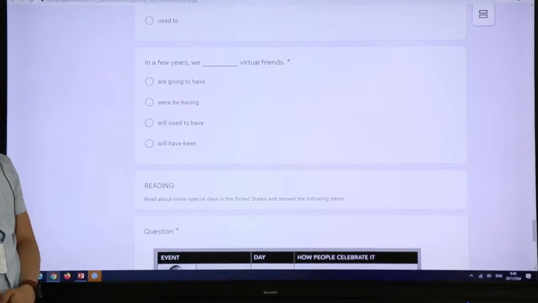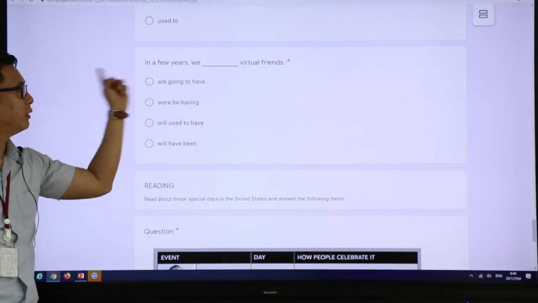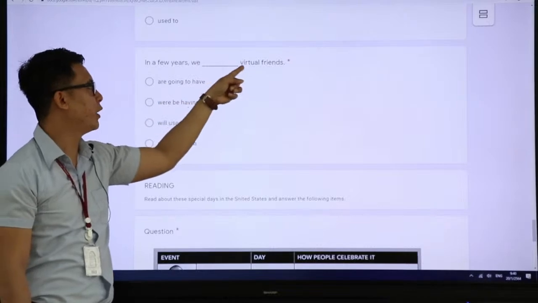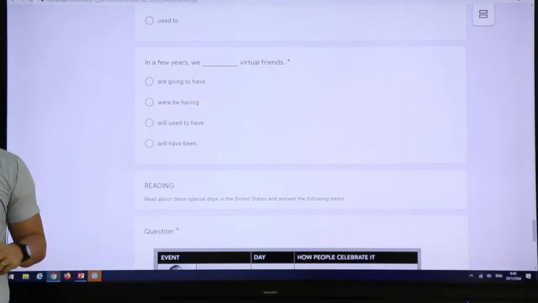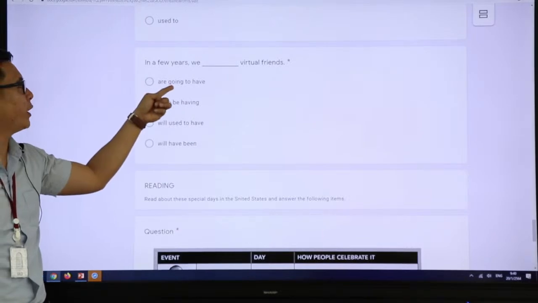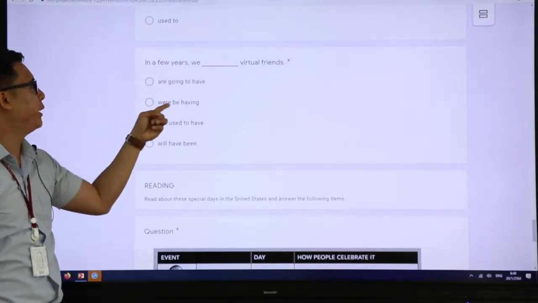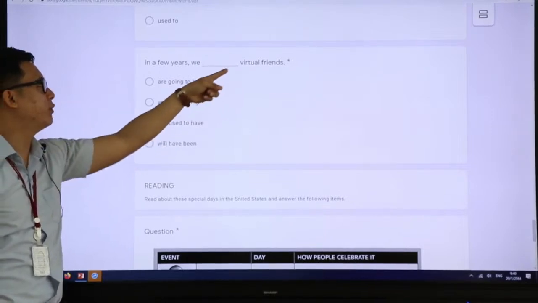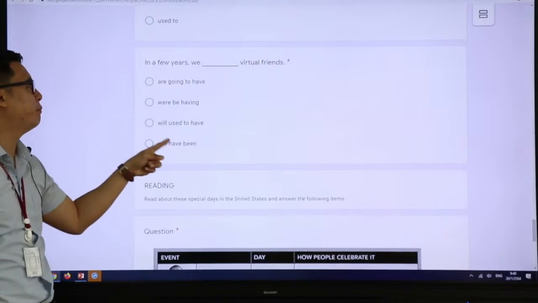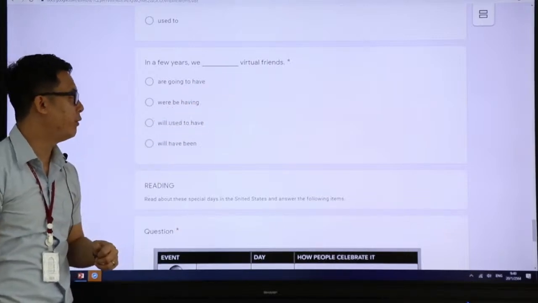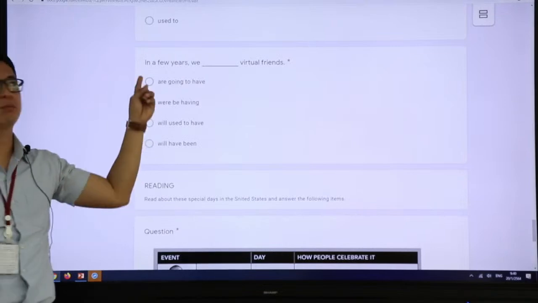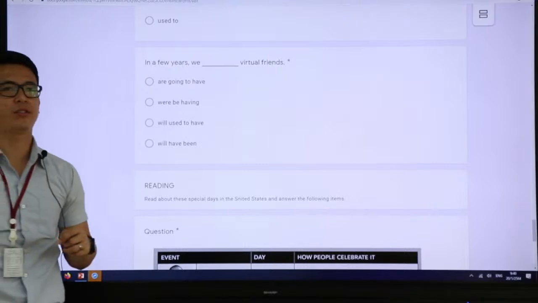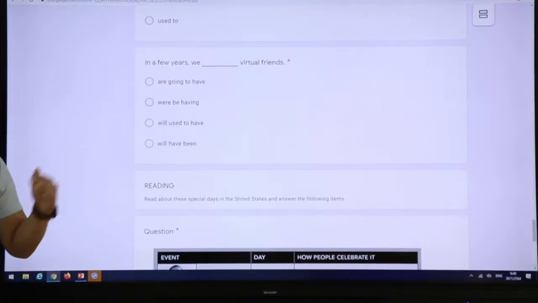In a few years, okay, that is your time expression. We blank virtual friends. Okay, so what will be that? We are going to have, we will be having virtual friends. We'll used to have virtual friends, or will have been virtual friends. The time expression used is in a few years, meaning it's about the next few years, and it's not very far from now.